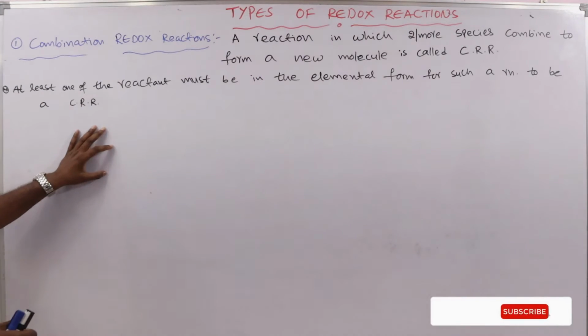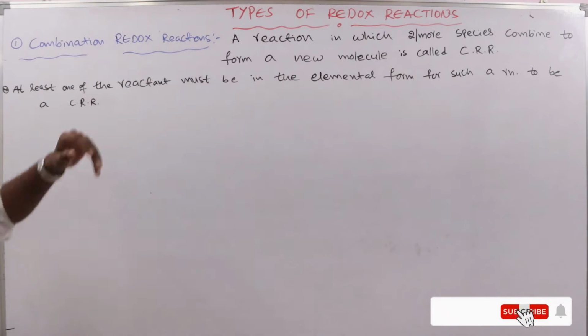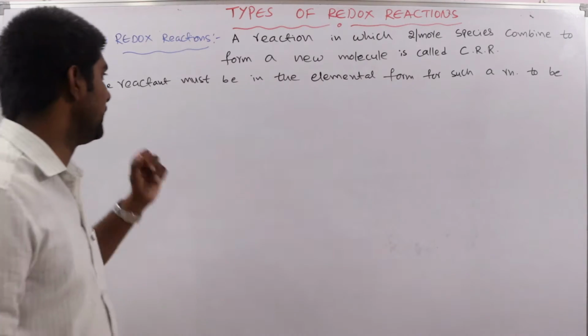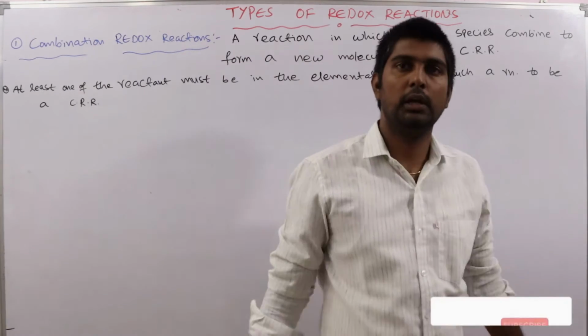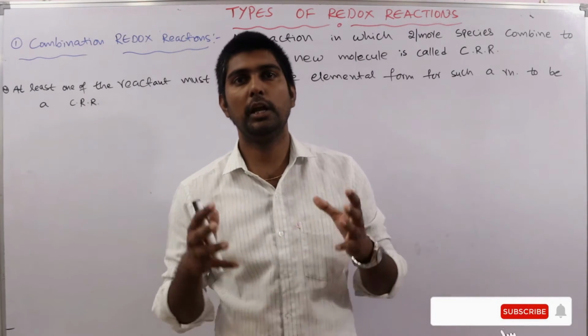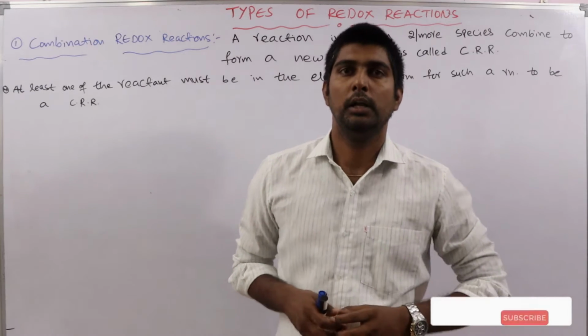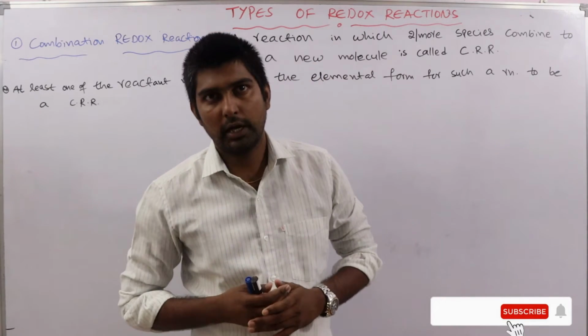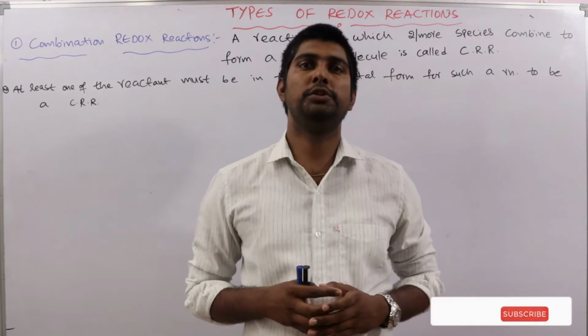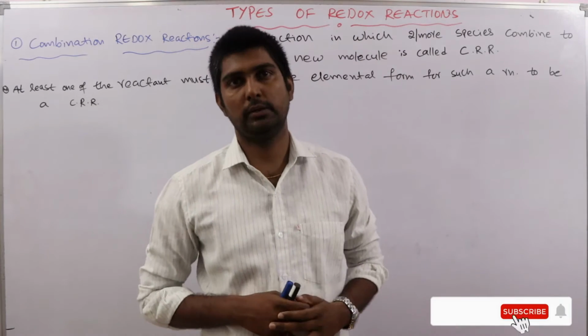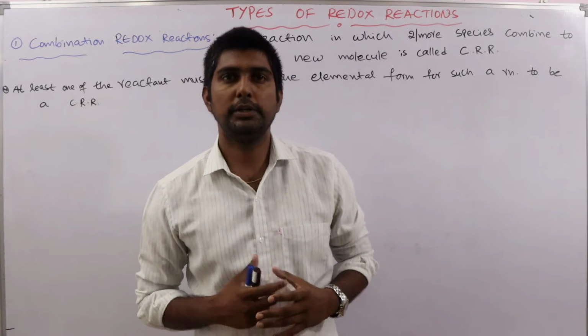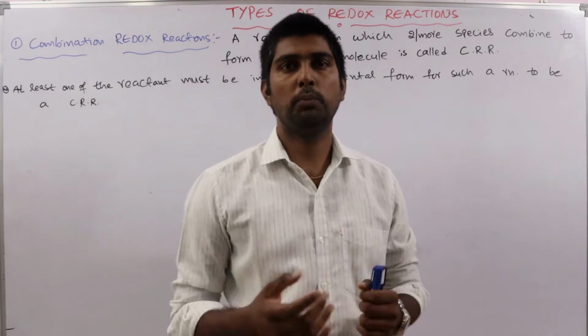The first one is the combination redox reactions. What is a combination? See, the name itself is indicating: a combination redox reaction means the reaction in which two or more species combine to form one molecule.